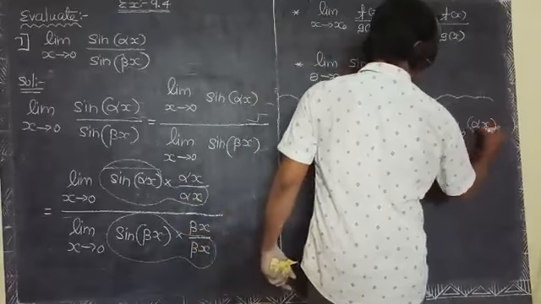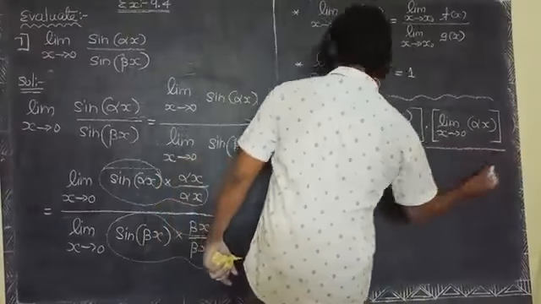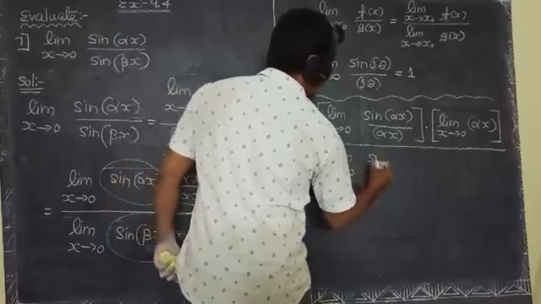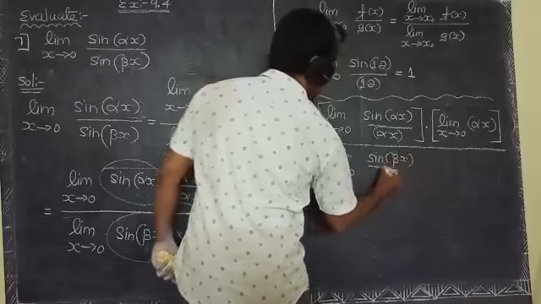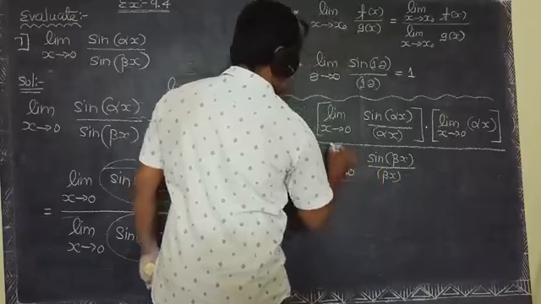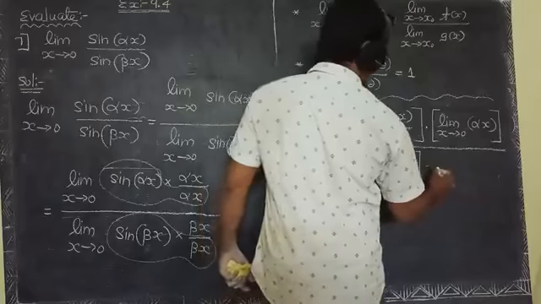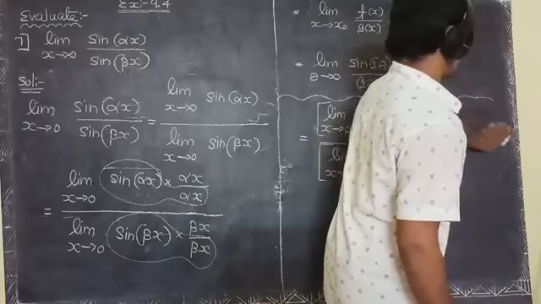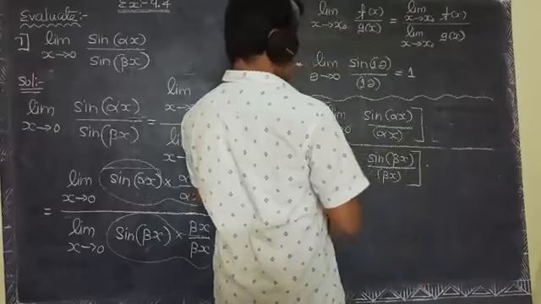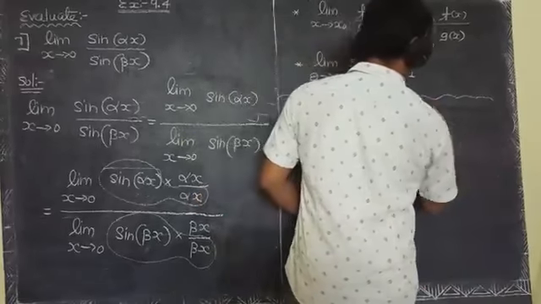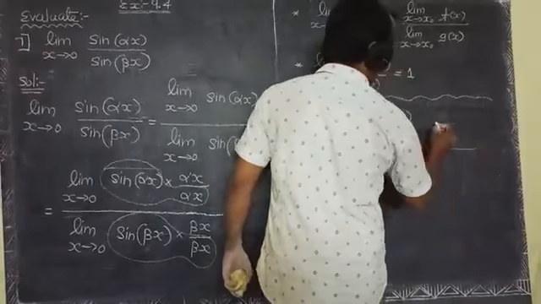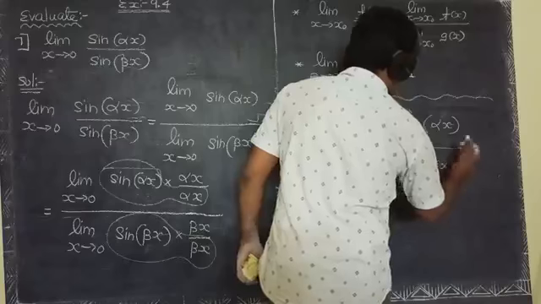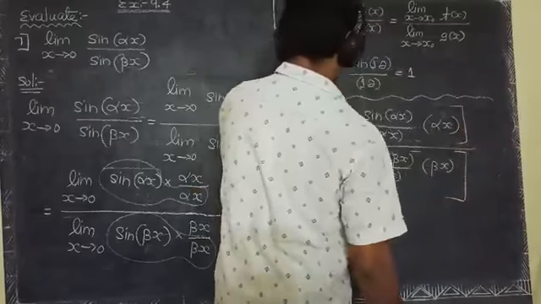The denominator is limit x approaches 0 of sine of beta x divided by beta x, and then the numerator is alpha x and the denominator is beta x.